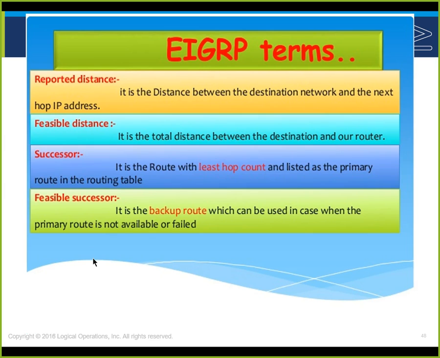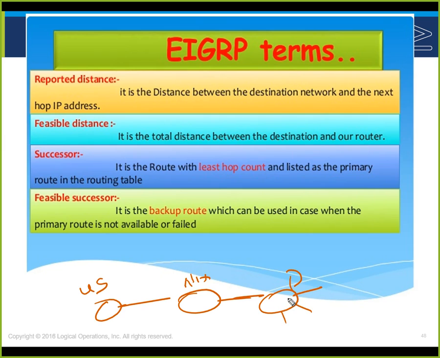This is one that I found someplace, EIGRP terms, and hopefully we looked a little bit at that when we did the demo. Some of the things: the reported distance, the destination network, and the next hop address. If this is the destination network over here, and this is the next hop, and this is us, the destination is going to have some bandwidth and delay on its interfaces.